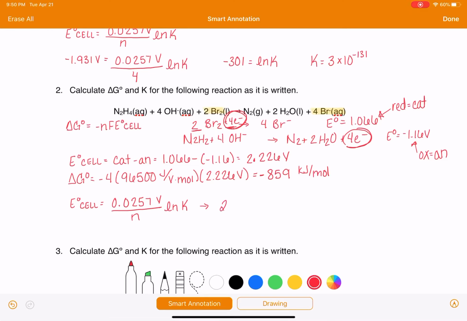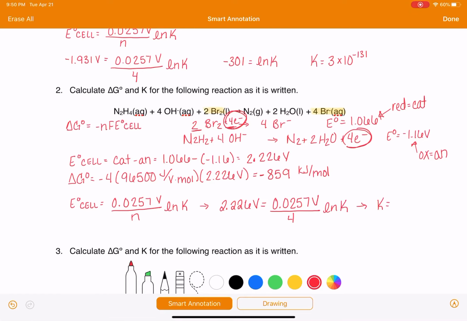There it is, 2.226 volts times 0.0257 over our N, which is 4, times the natural log of K.